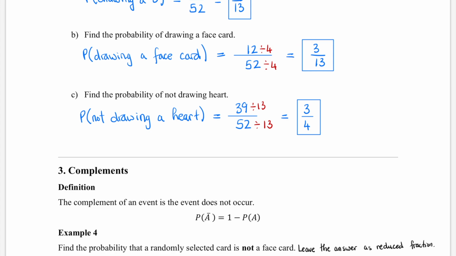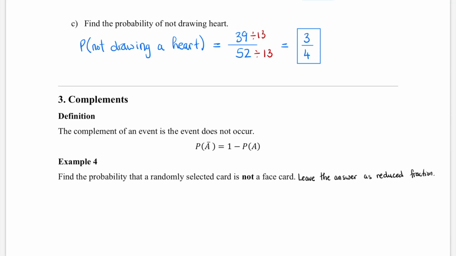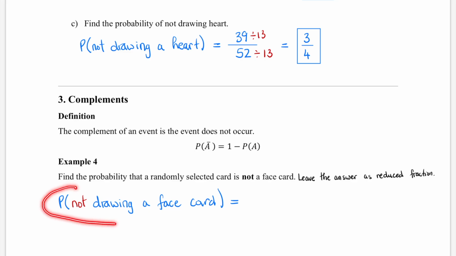Now, we want the probability of the complement of that. So, using the complement rule, the probability of not drawing a face card equals 1 minus the probability of drawing a face card.